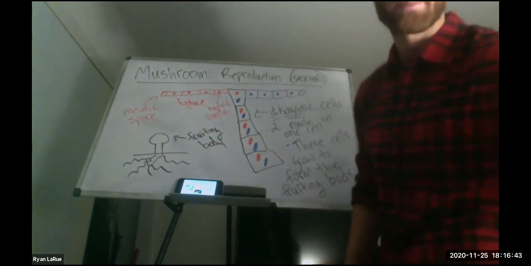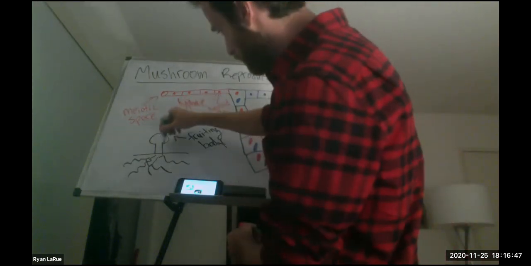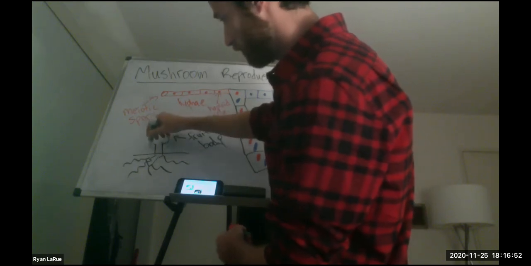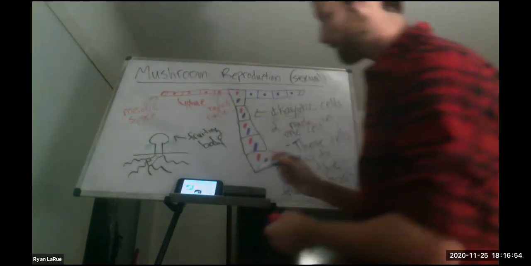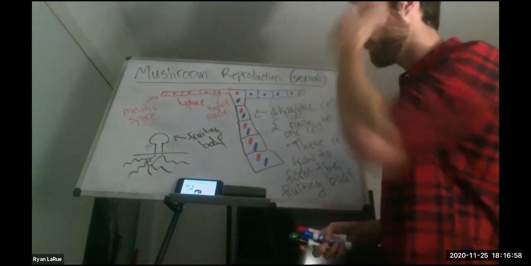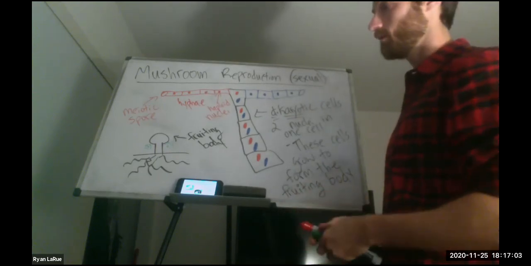Since it's brand new, I'll use green. So new spores kind of fall off of it underneath the mushroom. And I can show you where the spore producing structure is, that's going to do meiosis to produce new spores.